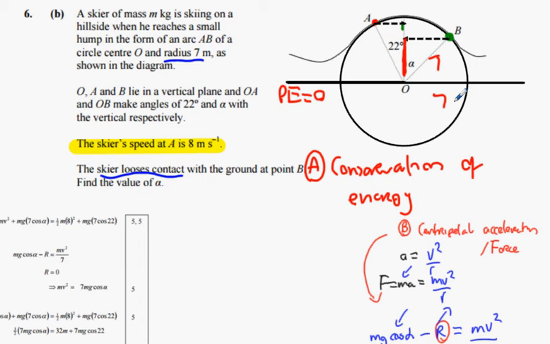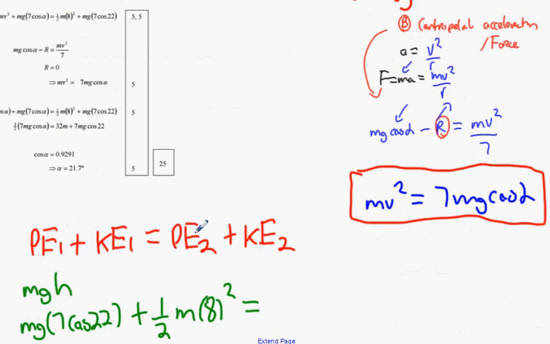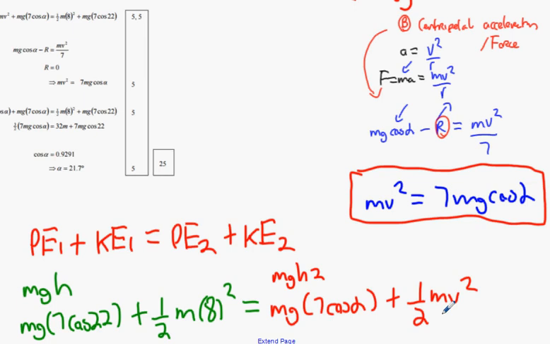So it's 7 cos alpha, because that's the adjacent side, and we're using an angle alpha. So it's going to be potential energy is mgh2, which is going to be mg, and what did I say was 7 cos alpha? Okay. Kinetic energy is a half mv squared.